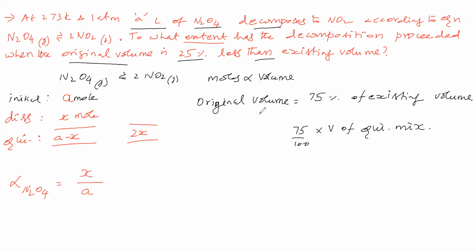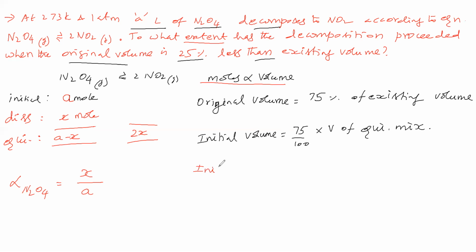What is original volume? Original volume means what we have taken initially, that is A moles of N2O4. That means original volume is nothing but initial volume. Then we know that volume is directly proportional to moles.